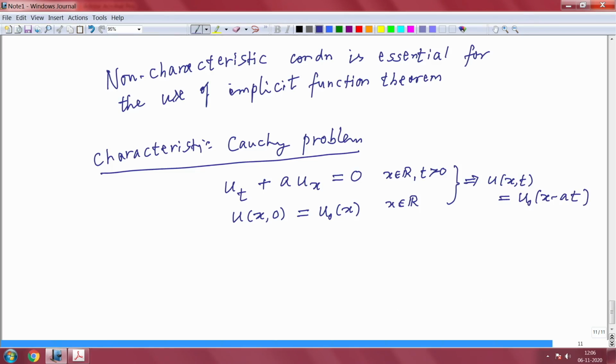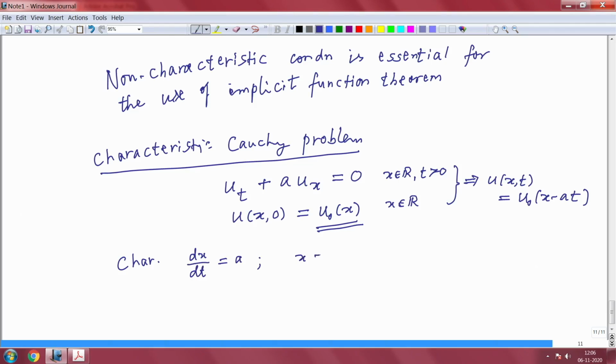So, here u0 is any C1 function, an arbitrary C1 function, and we are able to solve this equation explicitly in this case and uniquely. Okay. So, what are the characteristics here? The characteristics are simply given by dx by dt equal to a.